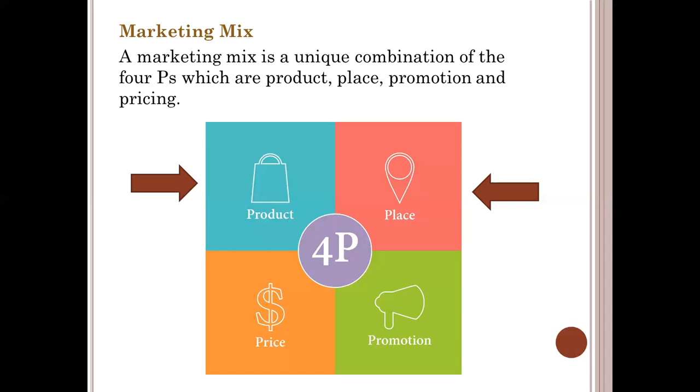Place distribution strategy must guarantee that products are accessible for consumers in the right quantities at the right time and places. So the decisions in the strategy consist of the modes of transportation, warehousing, inventory control, order processing, and selection of marketing channels.